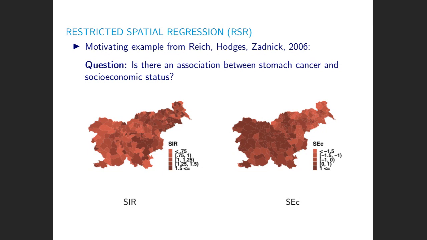If you look at these maps, it's fairly apparent that there seems to be a negative association between socioeconomic status and the standardized incidence ratio for stomach cancer. It's also apparent from looking at both of these pictures that both the SIR and the socioeconomic status exhibit some spatial tendencies, so positive spatial dependence.